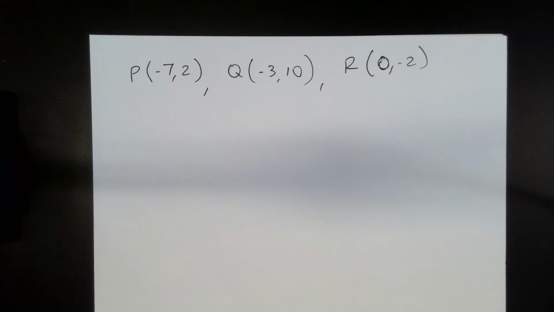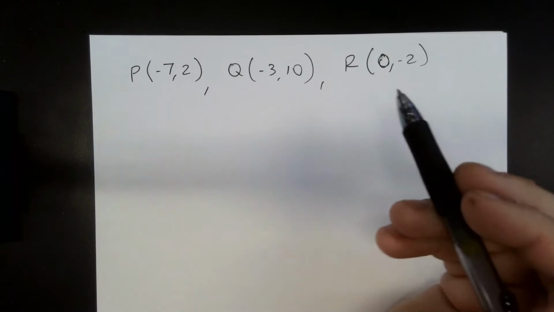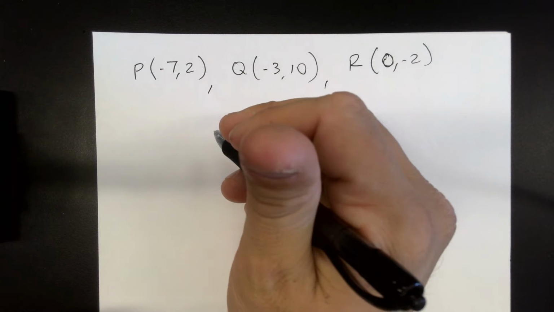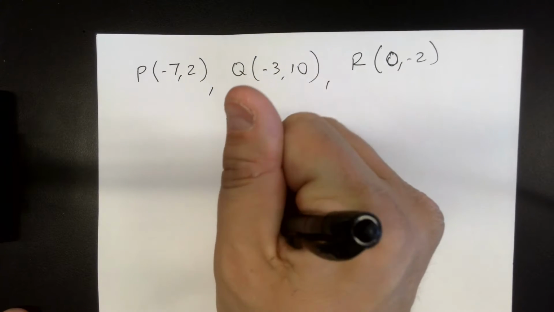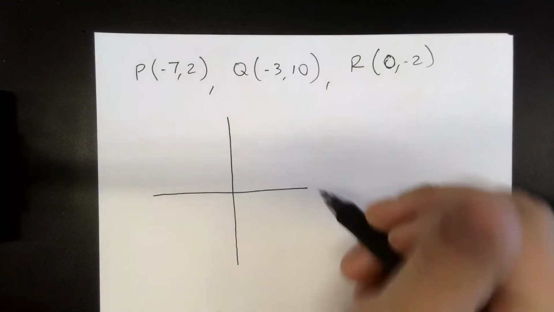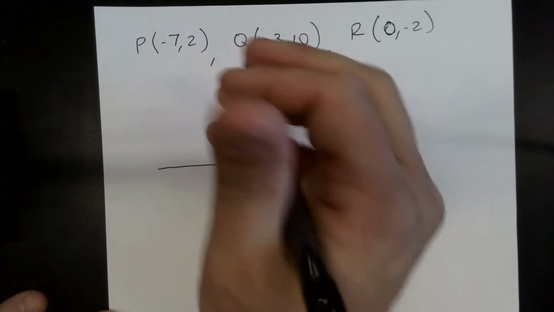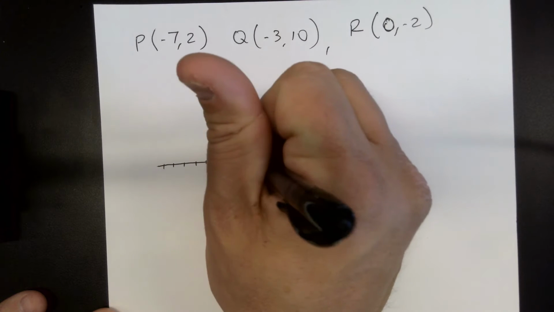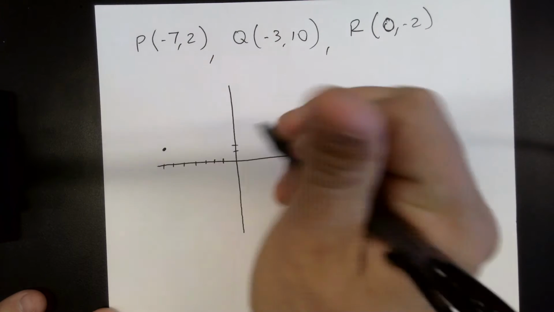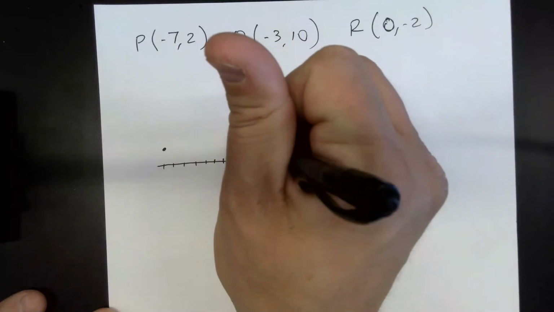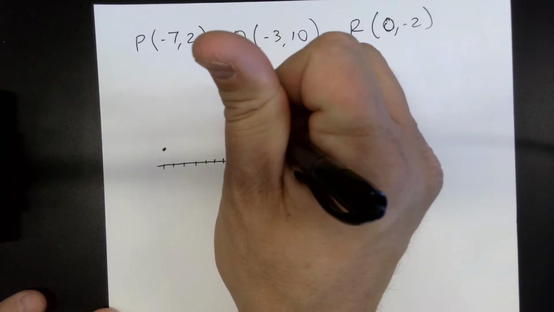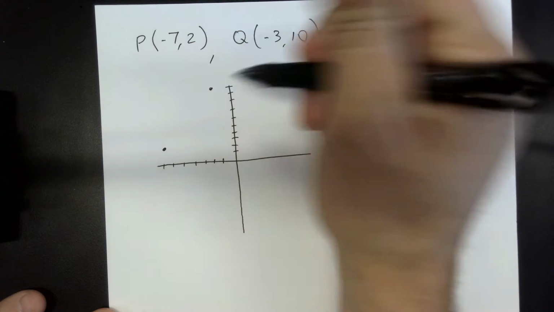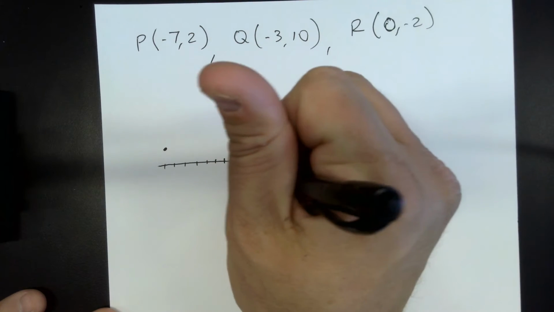Everyone ready? Okay, so the first thing we're going to do is graph this, because I always like graphing it first. So we're going to graph this, and I'm sorry you're going to have to deal with my ugly graphs, but it's part of life. So -7 and 2, -3, 10, and 0, -2.